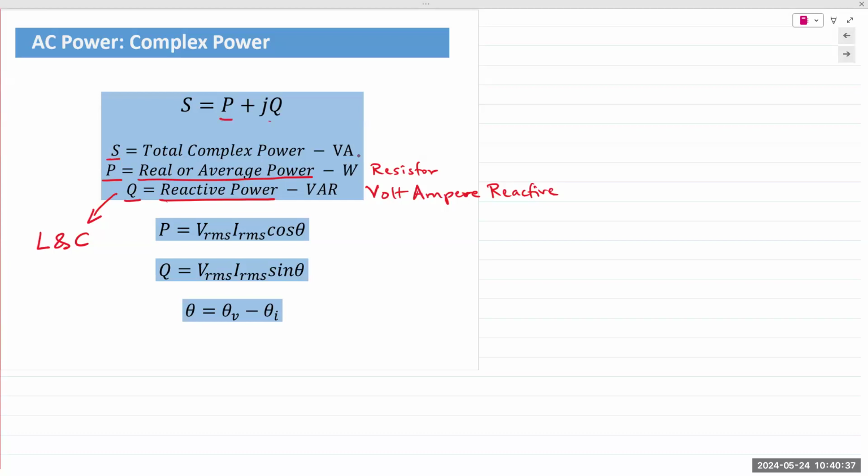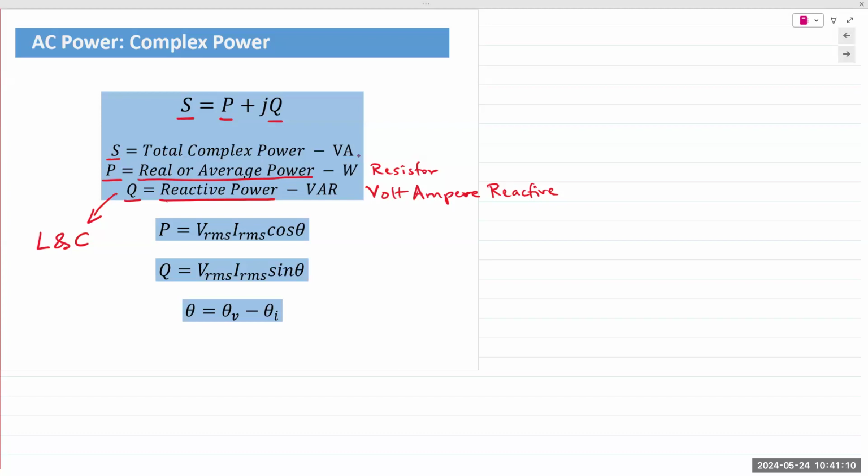So when you have P and Q summed up together, you get total complex power, which is represented by the letter S. They just went in alphabetical order. Real power or average power was P, so they chose Q for reactive, and then R is reserved for resistor, which is one of the most fundamental units of electrical engineering, so they skipped R and went to S. And because we are using complex numbers, meaning real and imaginary quantities, it's P plus jQ.